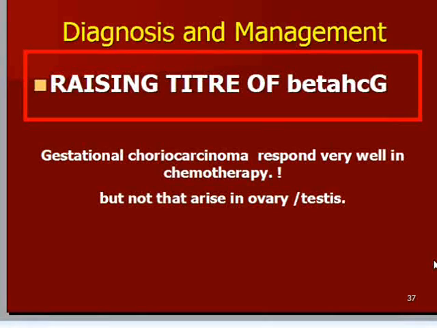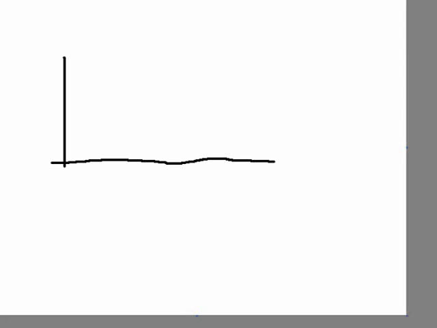Now choriocarcinoma, how do you diagnose it? This is a simple single test that we must understand: a rising titer of the beta HCG. So how does it look like? Now I am trying to draw a graph so that it will help you out.